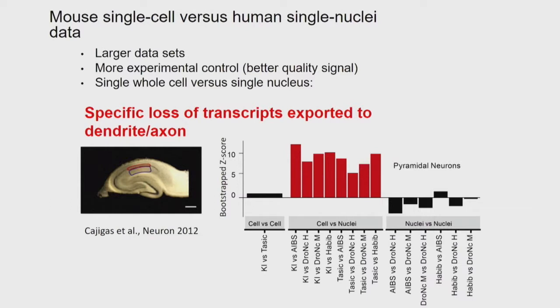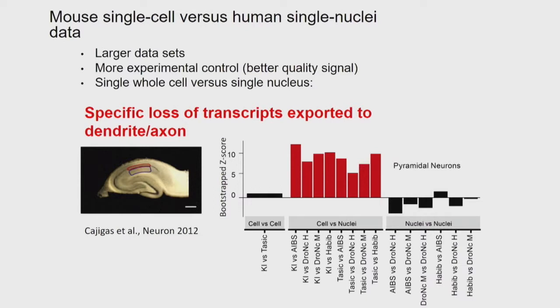This contains all the cell bodies. Then they cut out the neuropil, which contains very few cell bodies, and compared the gene expression between the two, in an attempt to get at those transcripts that are preferentially exported into the dendrites and axons, compared to what you find in the cell bodies.